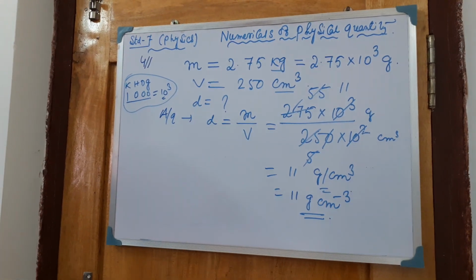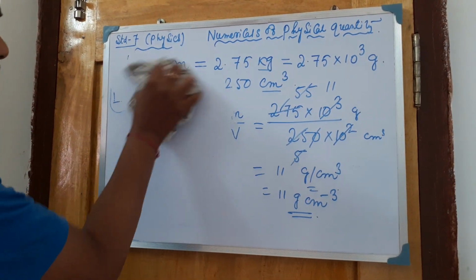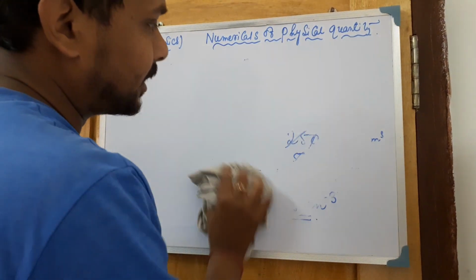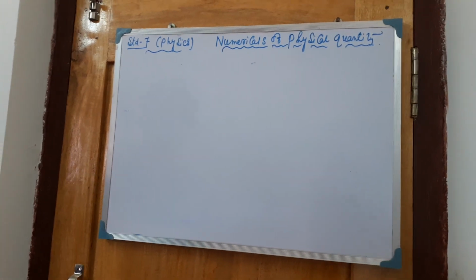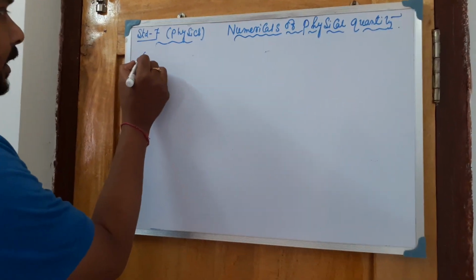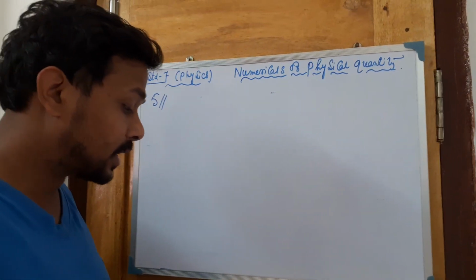Next, question number 5. In question number 5, two types of numerical may come. One is related to the density, and the second one is related to the speed, because these two physical quantities are present in your syllabus.